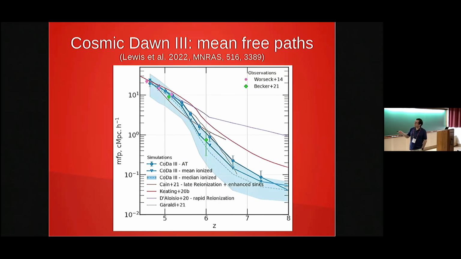A lot of simulations have tried to reproduce it with various success or not. But in our case, it worked out quite nicely, and we didn't even try to do this directly. It just came out by the fact that the simulations were properly calibrated. That was quite nice to see.